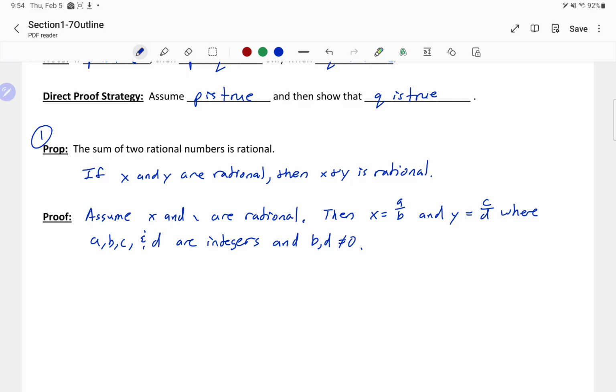We can't do that the same way with fractions, we have to get a common denominator first. There are going to be a lot of thens, thuses, and therefores. So then X plus Y is equal to A over B plus C over D, which is equal to A over B times D over D, plus C over D times B over B. That's equal to AD plus CB all over BD.